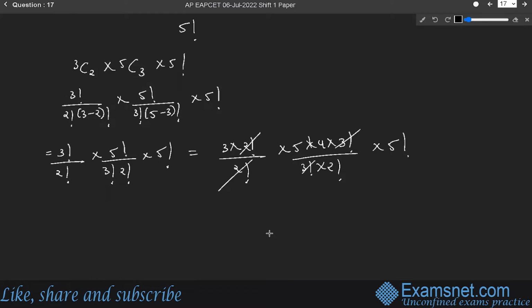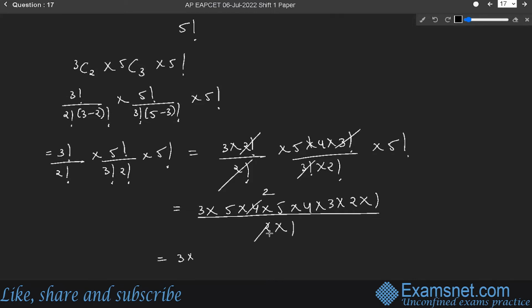Here 3 factorial and 3 factorial will be cancelled. So it will be 3 into 5 into 4 into 5 into 4 into 3 into 2 into 1 divided by 2 into 1. So this 2 and this 4 will be cancelled. So the remaining terms will be 3 into 5 into 2 into 5 into 4 into 3 into 2.